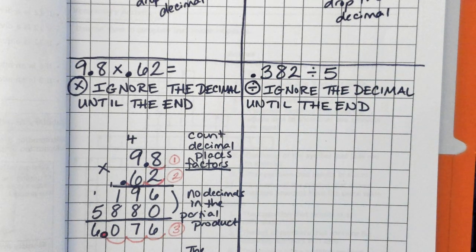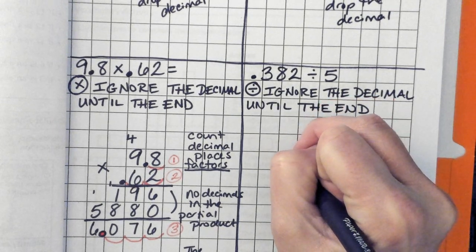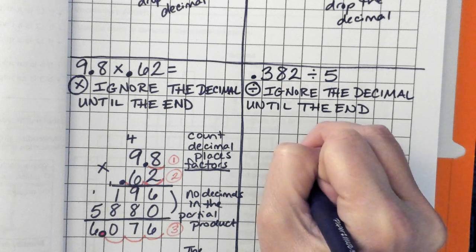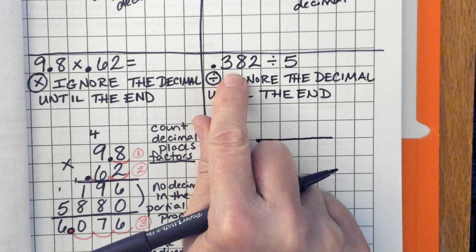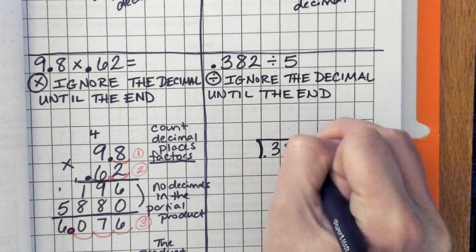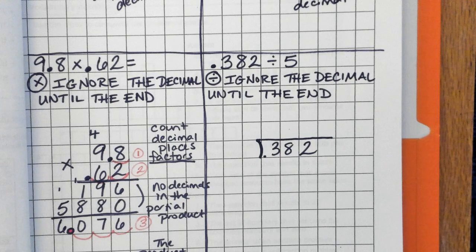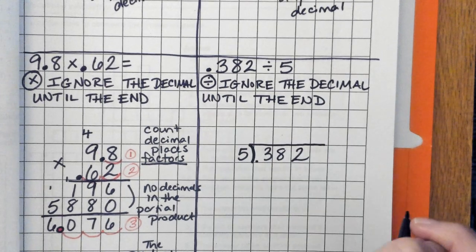In both of them, you ignore the decimal until the end. I'm going to come down 2 lines. So my dividend is 382 thousandths, or 382. I don't have to give the decimal its own little spot because I'm ignoring it for right now. The 5 is the divisor. It goes outside the house.